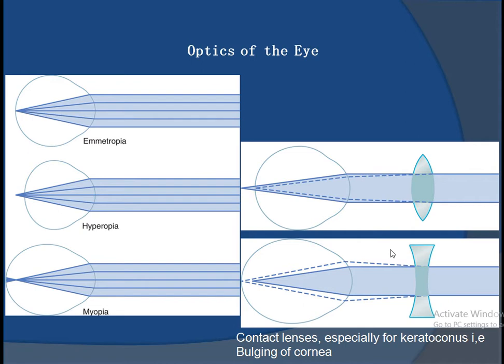Otherwise, lenses are fixed over the cornea and they move with it, and no one knows that you are wearing contact lenses if you are using transparent lenses. If you are using colored lenses, then that will be noticed by any other person also.